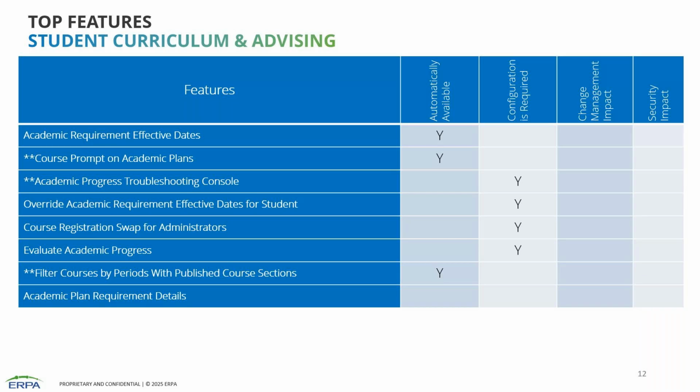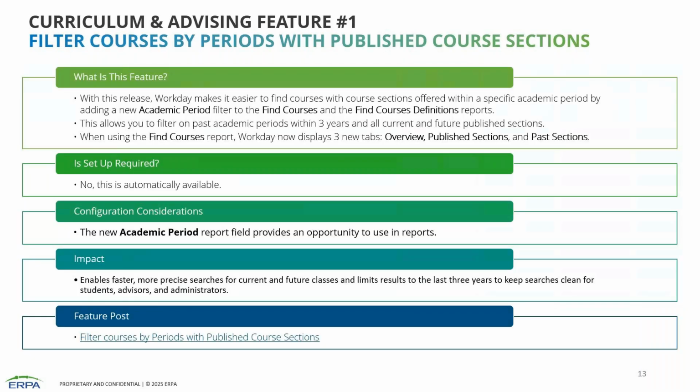The first feature that we're going to go over is filtering courses by period with published course sections. Workday makes it easier to find courses with course sections offered within a specific academic period, improving the experience for both students and advisors.